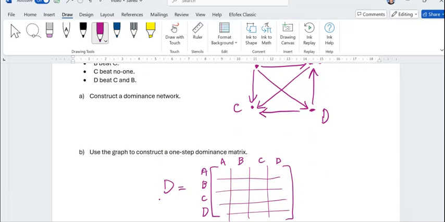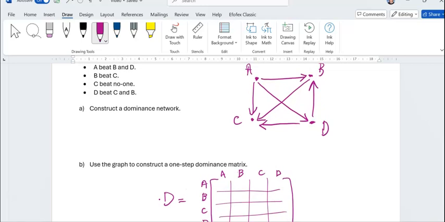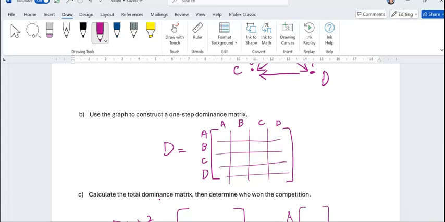We can then use that network to construct the dominance matrix. Looking at your diagram, A doesn't beat A, B doesn't beat B, C doesn't beat C, and D doesn't beat D. So the leading diagonal in a dominance matrix will always be all zeros, because it makes no sense for a team or a person to beat themselves.